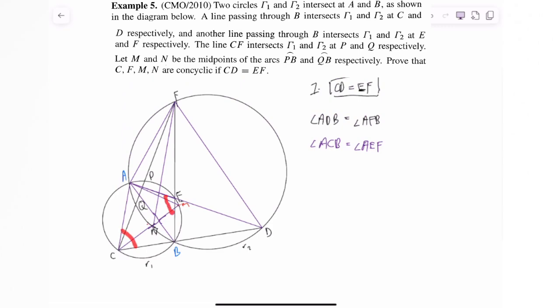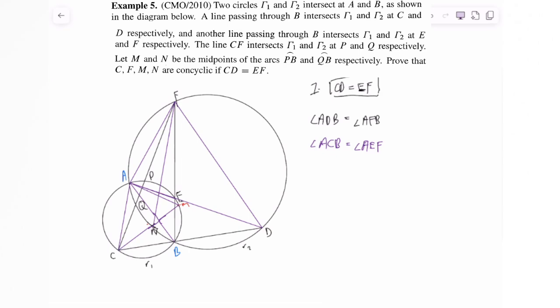Then what is this angle? This angle is 180 minus ACB. Then what is AEF? AEF is 180 degrees minus this angle, which then you get ACB. So that's why it's equal.